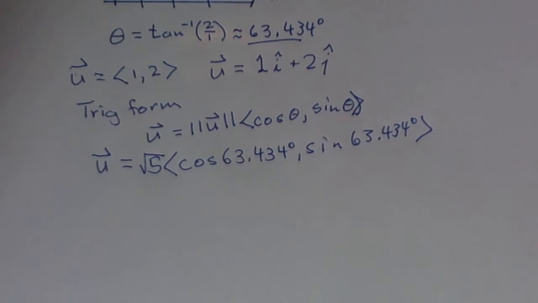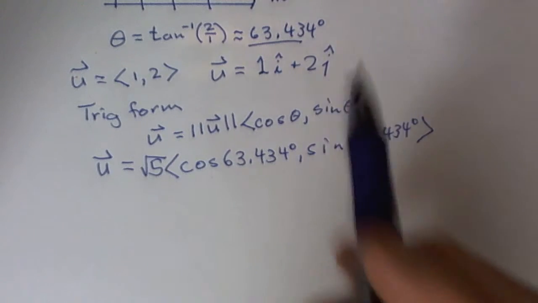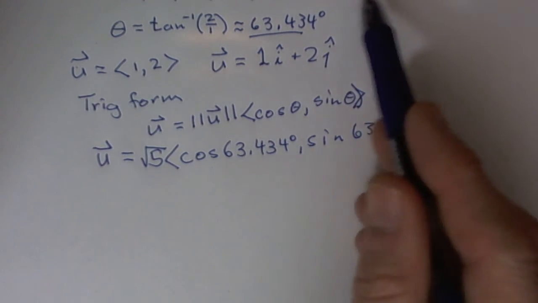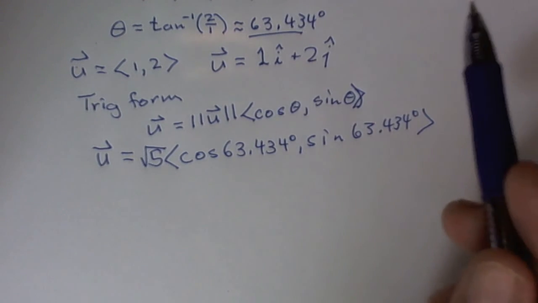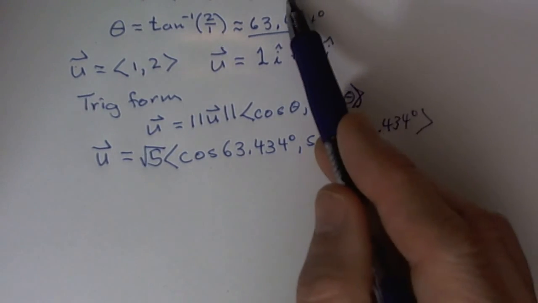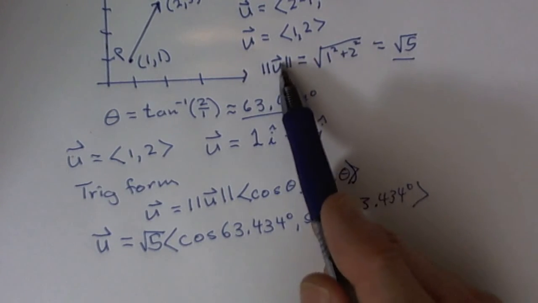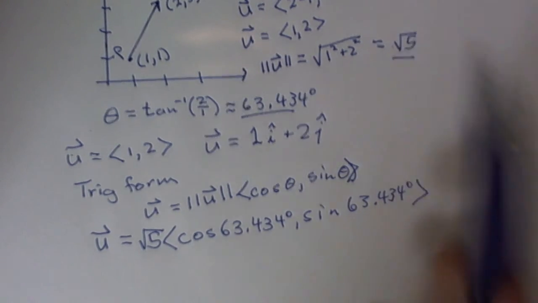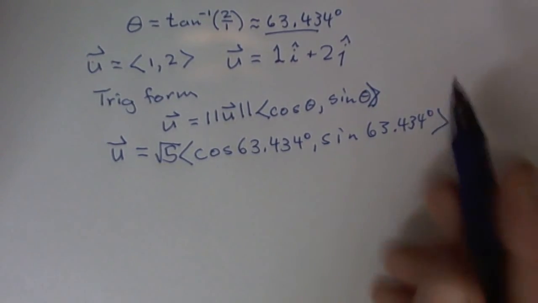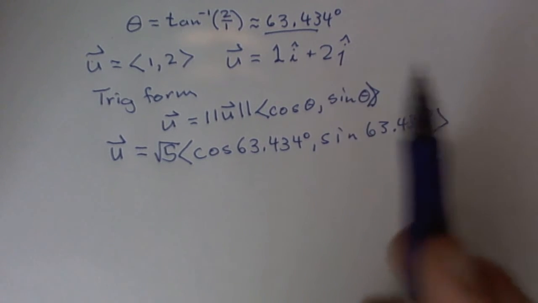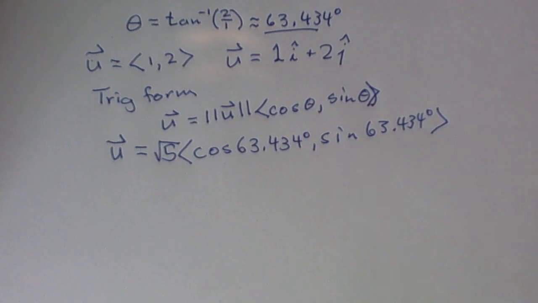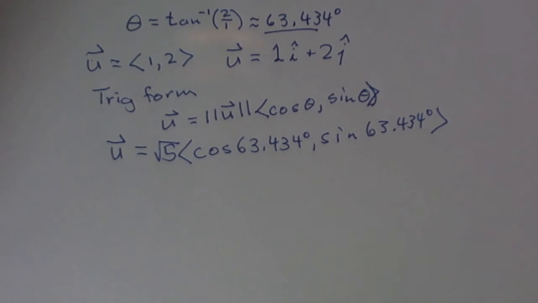Now remember also, we talked about finding a unit vector in the direction of u. This vector u has a magnitude of the square root of 5. If we want to find a unit vector in the direction of u, we don't want to change the direction. We just want a vector that has a length of 1.